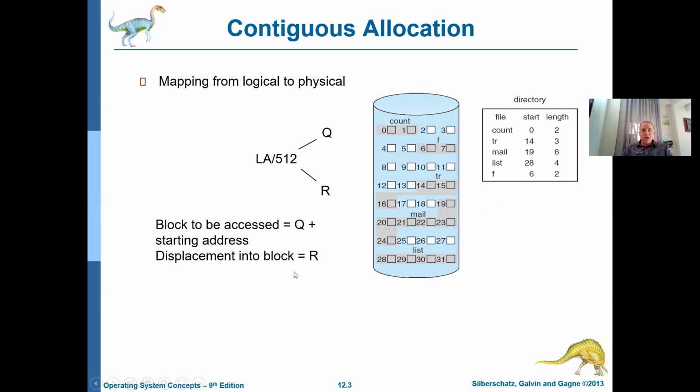And the R will be how far into this file I want to go. So if I'm on file TR, then my Q will be 14, and my R will be how many bytes I want to go forward, which byte I want to read of the file. Those will be a number like 1 or 7, some number relative to the beginning of the file.